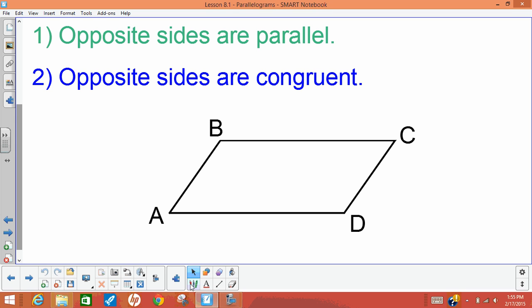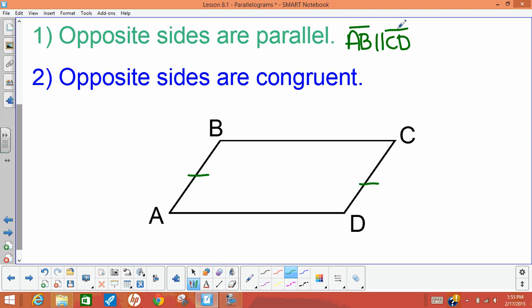It's a parallelogram. The opposite sides are going to be parallel, so the sides across from each other. So here I have AB and CD are parallel. And I also have BC parallel to AD.